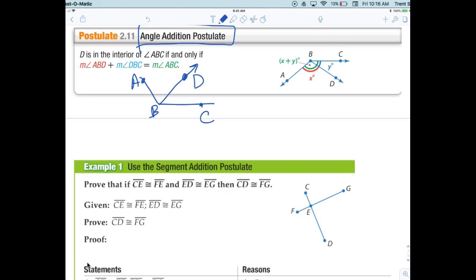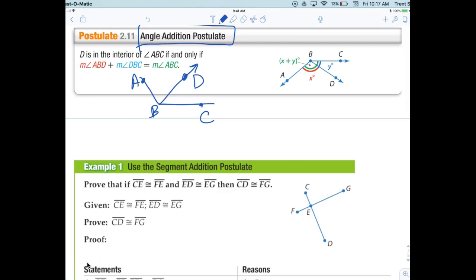That's saying the angle addition postulate is simply saying angle ABD plus angle DBC is equal to angle ABC. Everybody agree with that? I used to call it the parts equal the what? The whole. The sum of the parts is equal to the whole. Everybody agree with that? All right. So again, that's called the angle addition postulate.